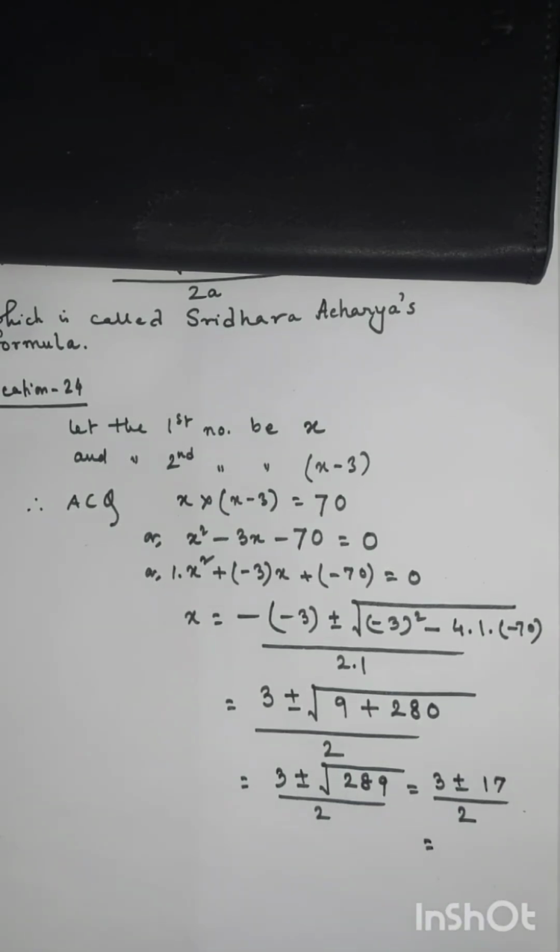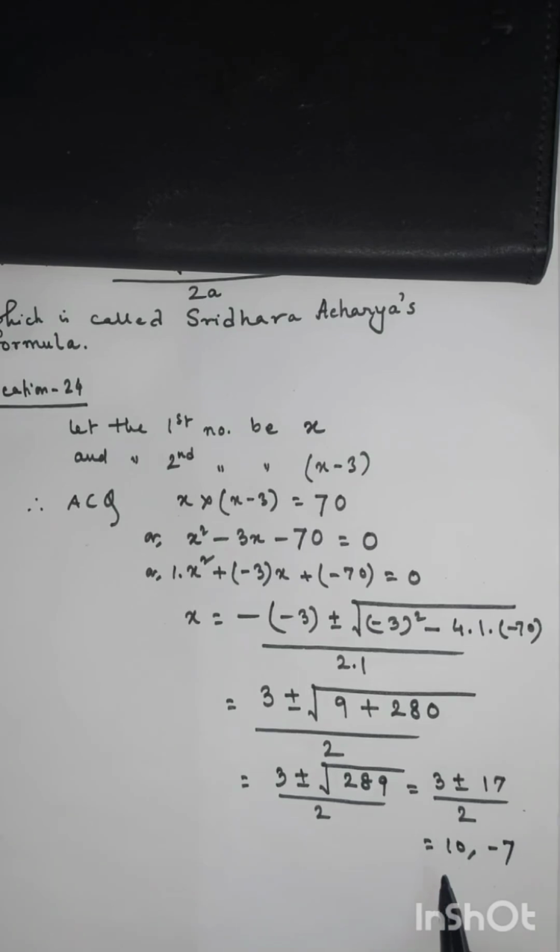Root 289 is 17. So if we take plus, we get 20 by 2, that is 10. If we take minus, 3 minus 17, that is minus 14 by 2, that is minus 7.